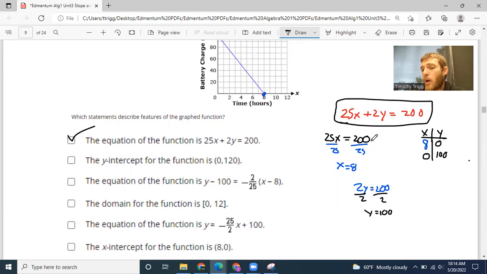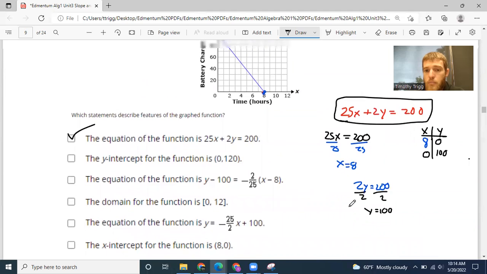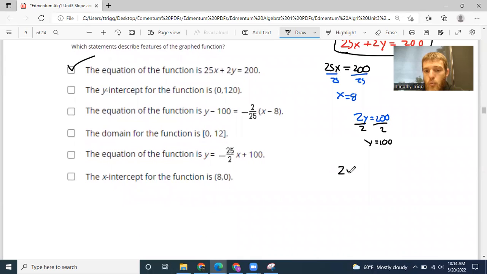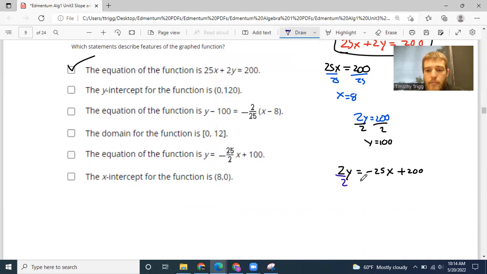What we can do is solve for y and see if we get this slope-intercept form. So what I would do is subtract 25x from both sides. That'll give us 2y equals negative 25x plus 200. Divide both sides by 2 to get y by itself.